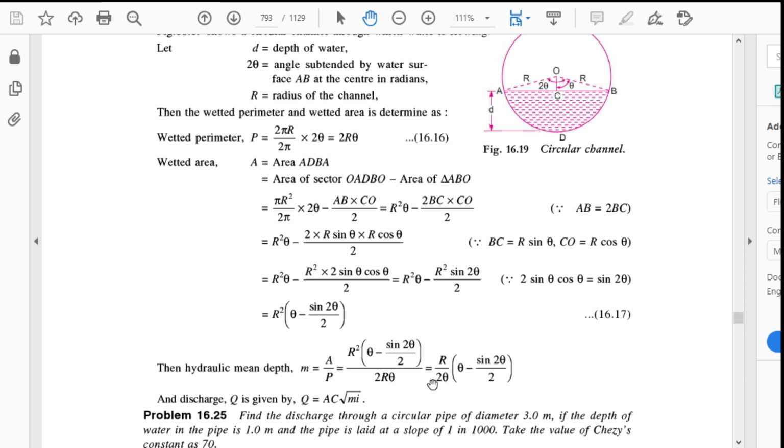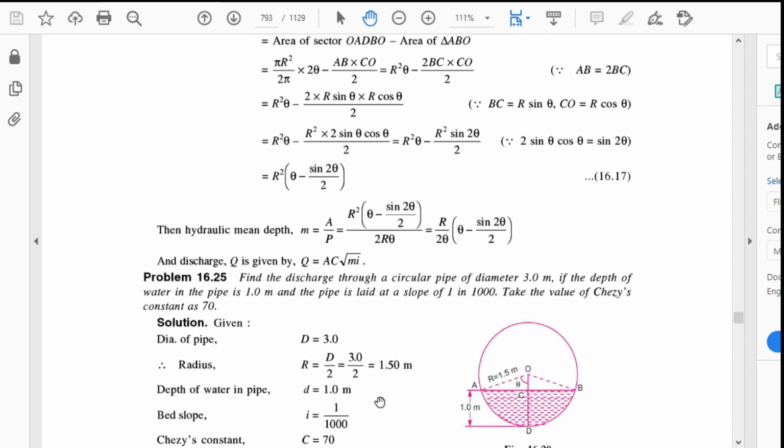The m comes out to be r divided by 2 theta into bracket theta minus sine of 2 theta divided by 2. Here p is calculated, a is calculated, and m is calculated. So discharge can be calculated by using Q equals AC root mi, by using Chezy's equation.